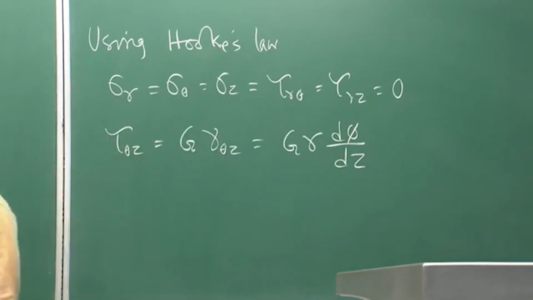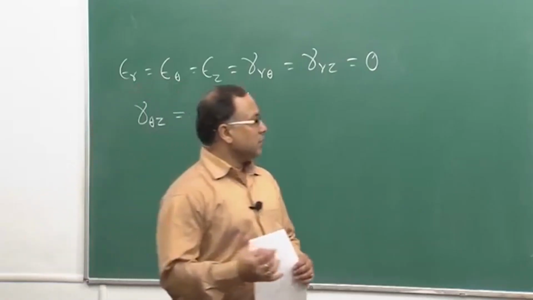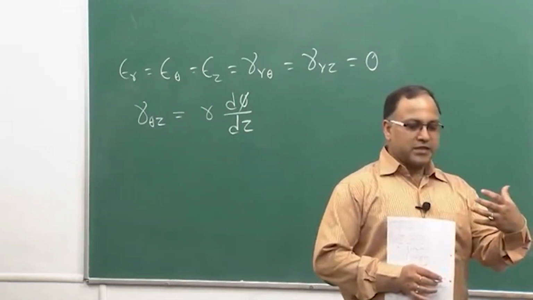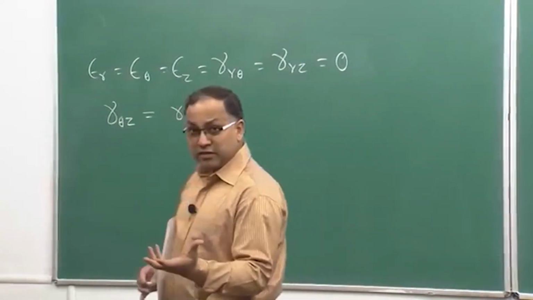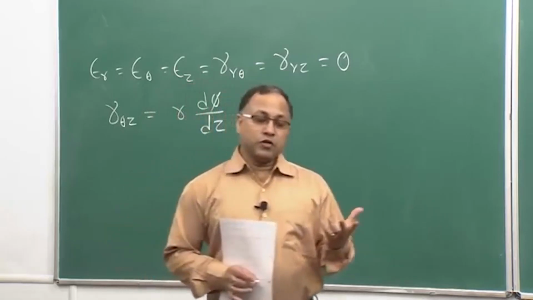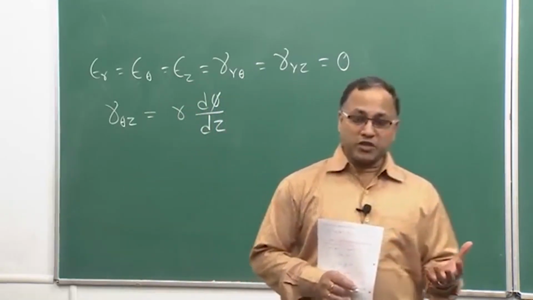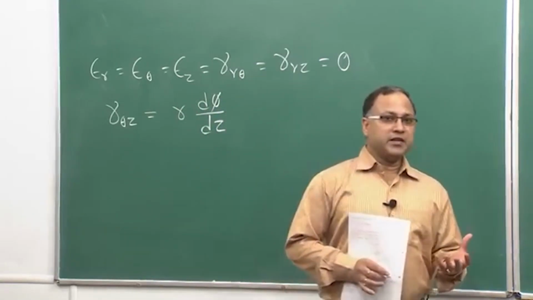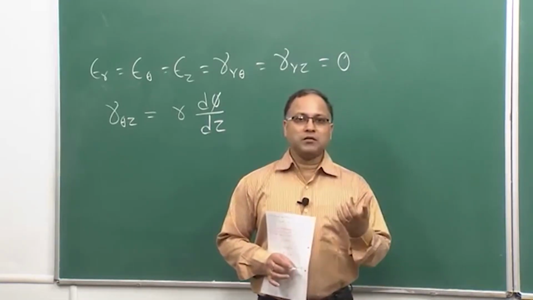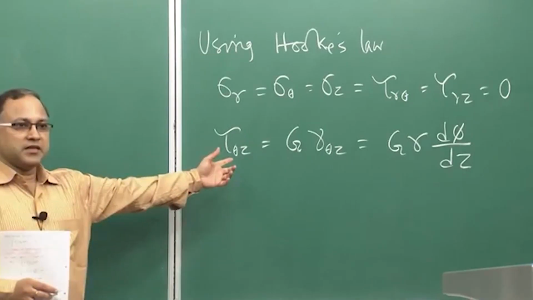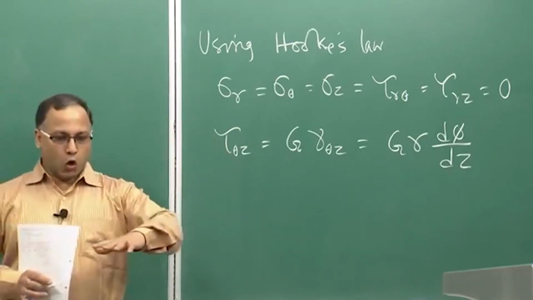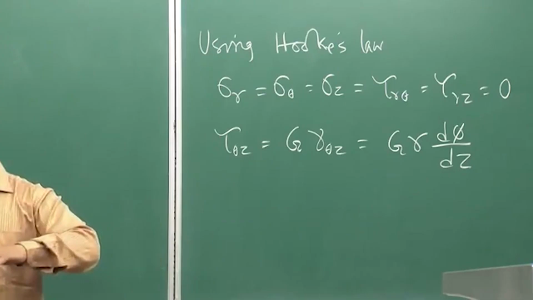What we have got at this point is that if you consider a circular shaft under constant twisting moment Mt, and if you consider the small deformation situation, then you will end up with only one stress component, that is tau theta z, the shear stress happening on the cross section.